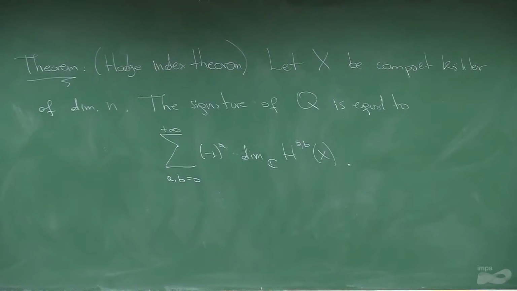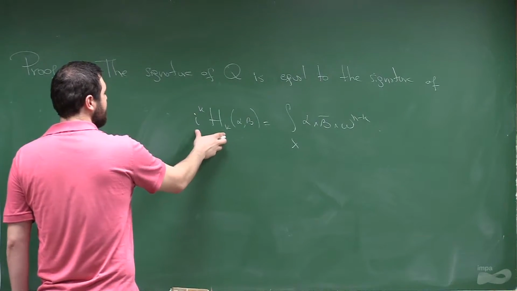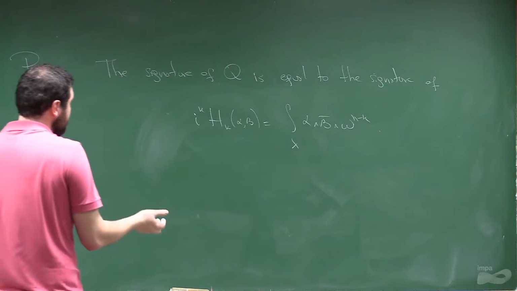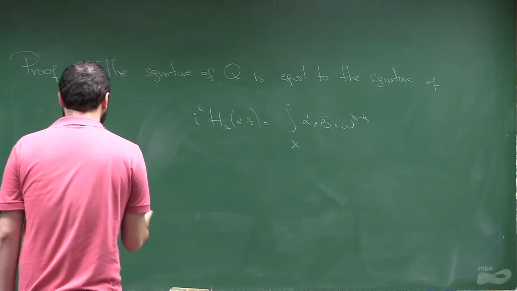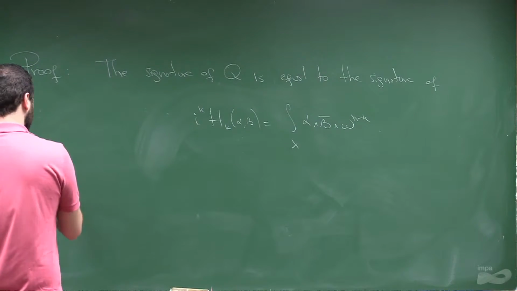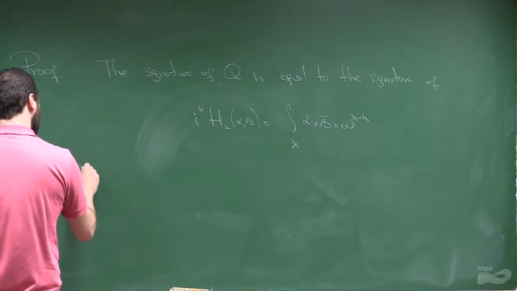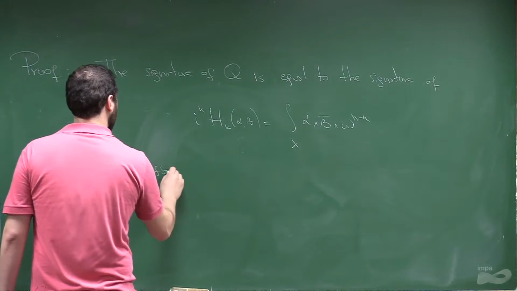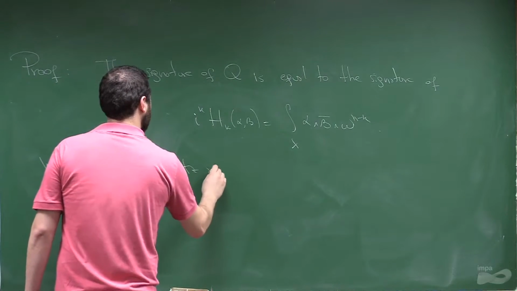And so it's enough to compute the signature of this form, right? And in order to do that, we just use both decompositions. I mean, we have, by Lefschetz and Hodge, the decomposition.